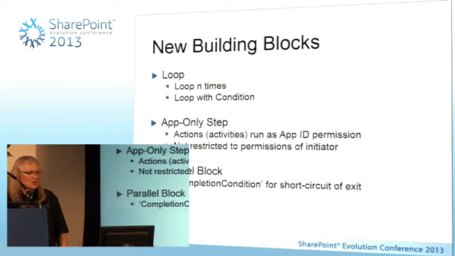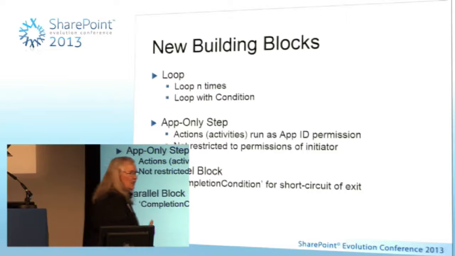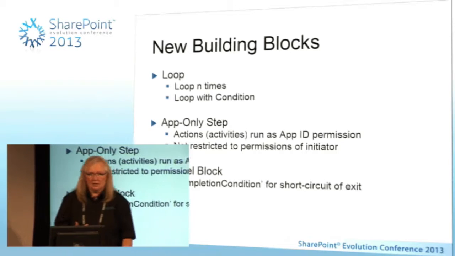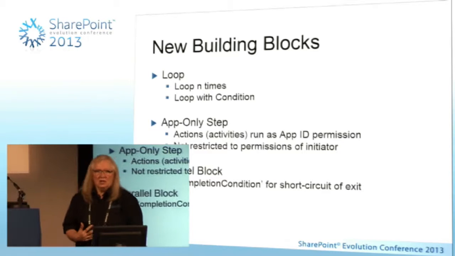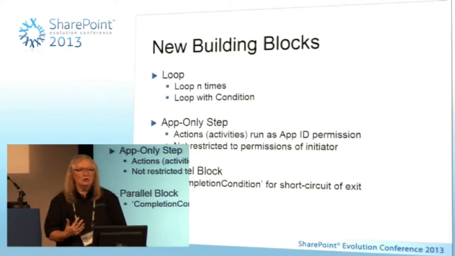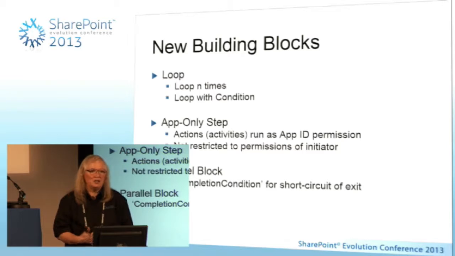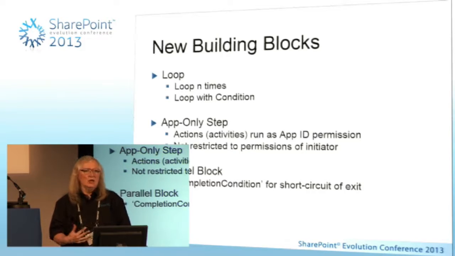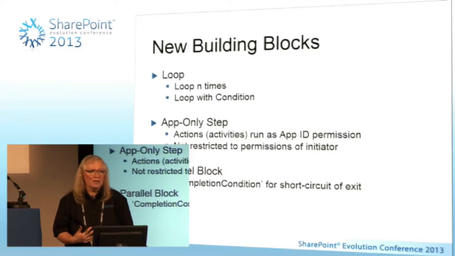So the 2013 workflows, the new things that you haven't seen before, will be loops. In the previous session, we talked through a particular scenario about a change request process, and we were saying, yes, in an ideal world, all your change requests would get through the technical review, pop out of that, pop into the change control board, pop out of that, and you would be given the permissions to implement your change.